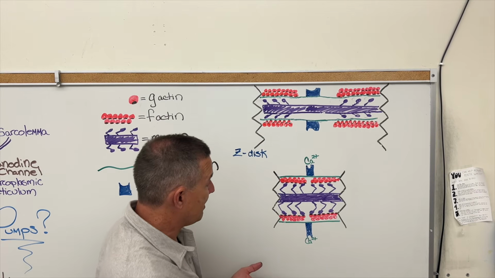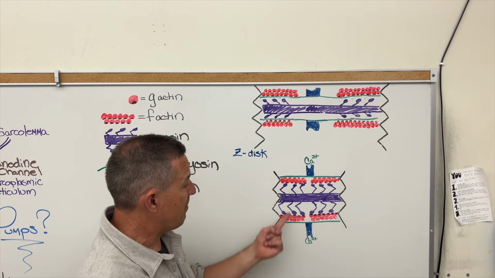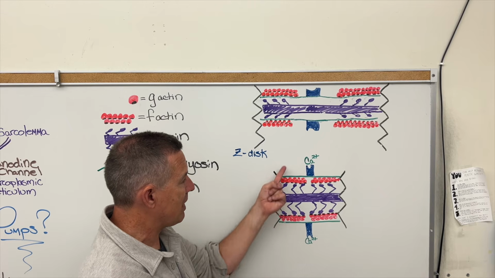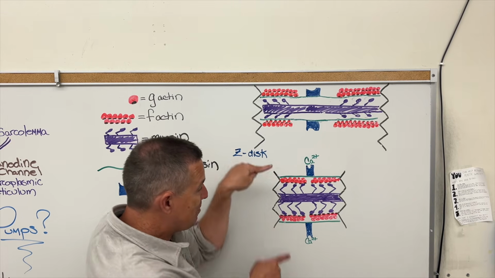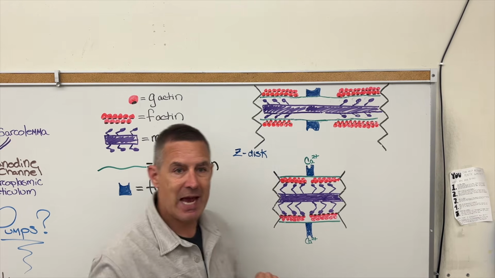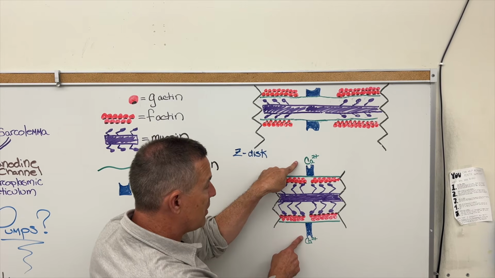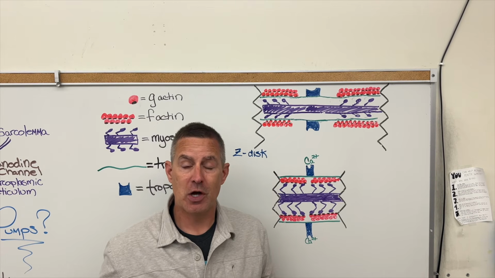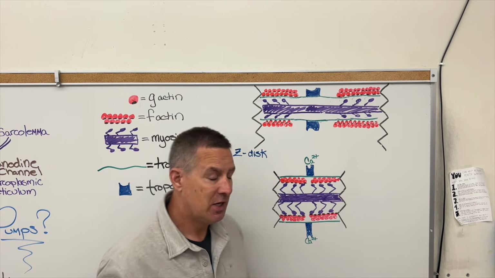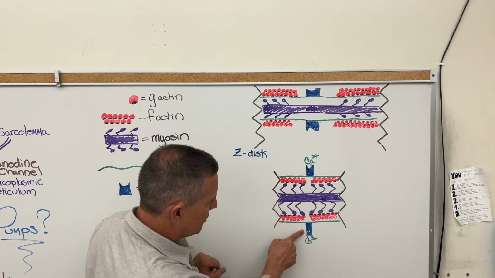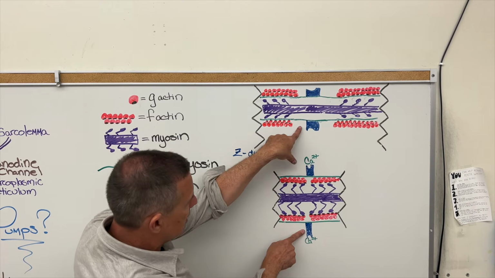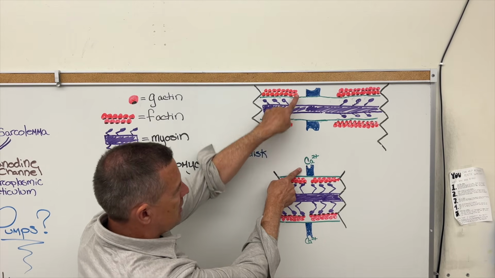But just so we're all clear, the reason why tropomyosin is no longer blocking the binding site is because calcium has bound to troponin. When calcium binds to troponin, troponin undergoes a conformational change. I've tried to show that a little bit on the difference in shape between here and here. I wasn't as successful here and here.